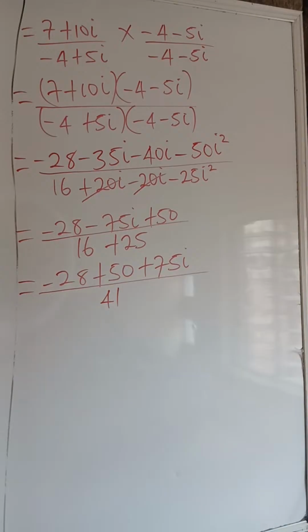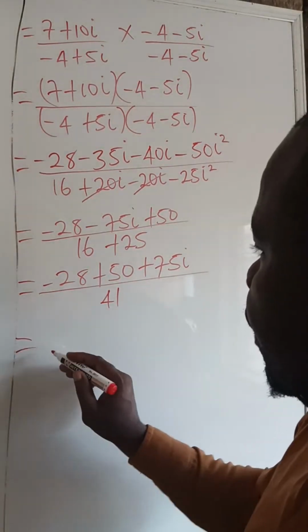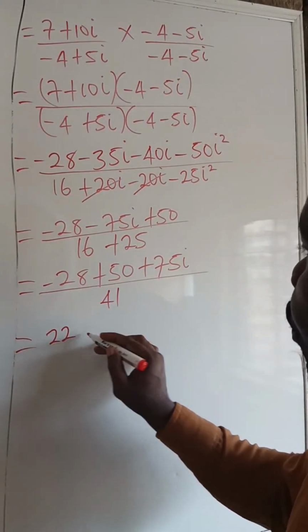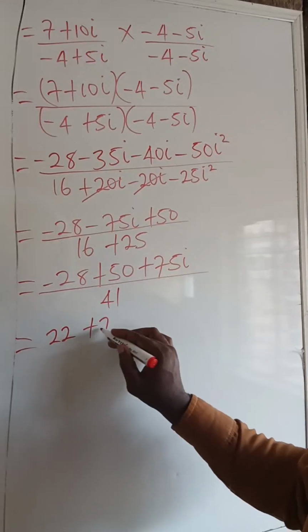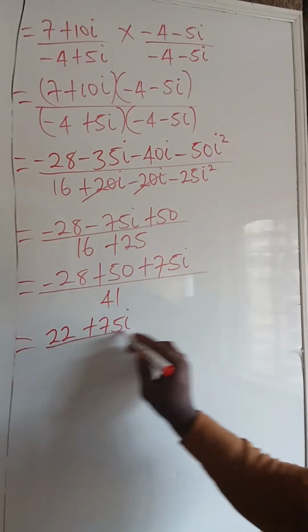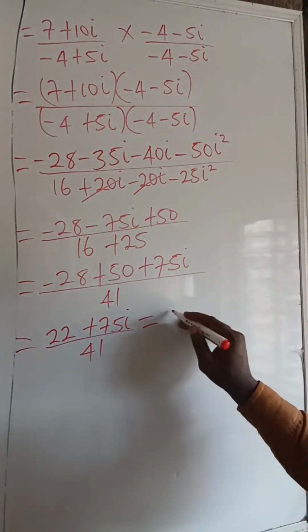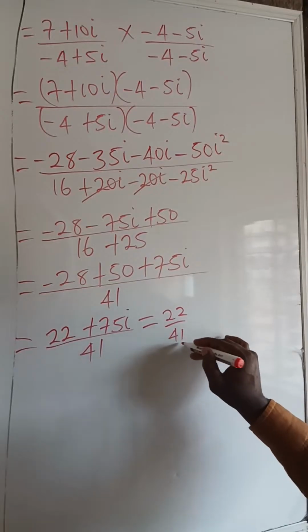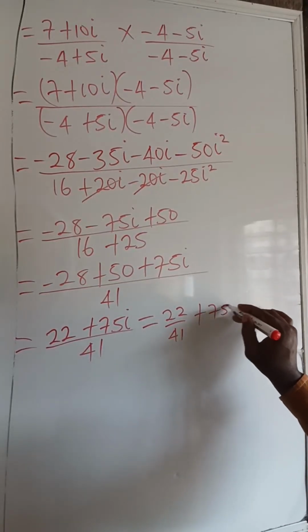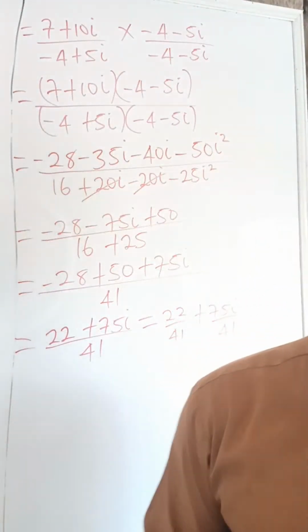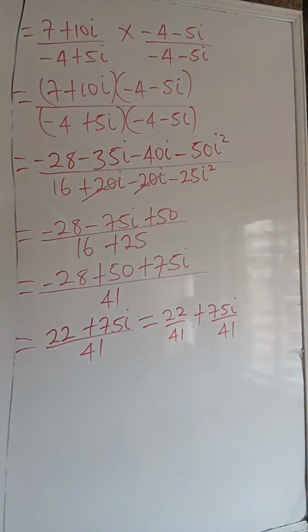So minus 28 plus 50, we are going to have 22 minus 75i all over 41. It means this is the answer, or 22 all over 41 minus 75i all over 41. This is how you are supposed to solve this type of problem.